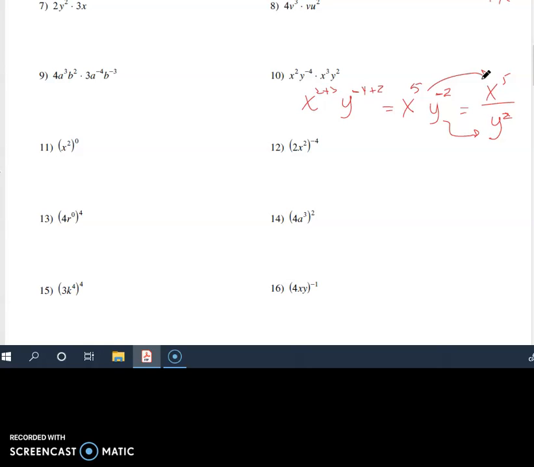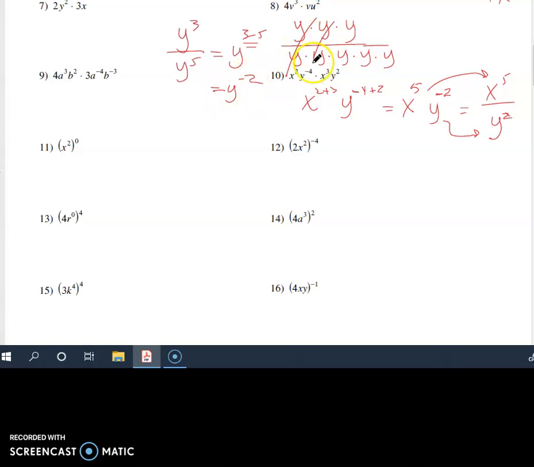Let me talk a little bit about the fact that if I had a problem like 3 y's in the numerator and 5 y's in the denominator, if I was actually doing this problem as y cubed over y to the 5th, the rule that we've been using is we subtract the exponents, so that becomes y to the 3 minus 5, which is y to the -2.